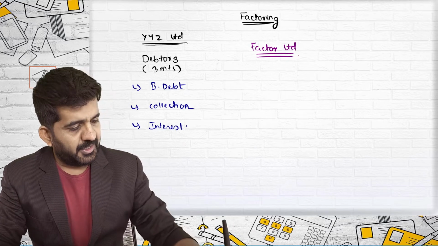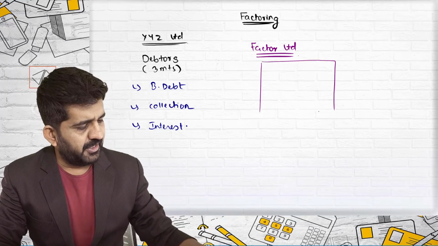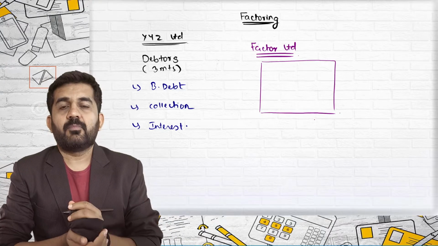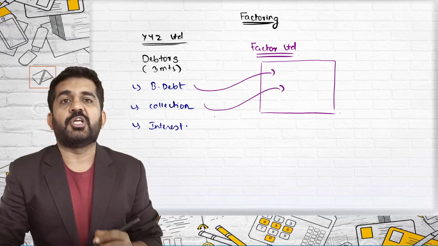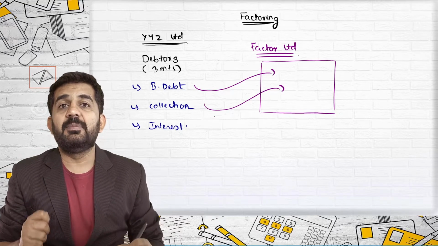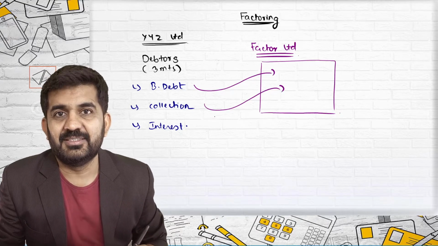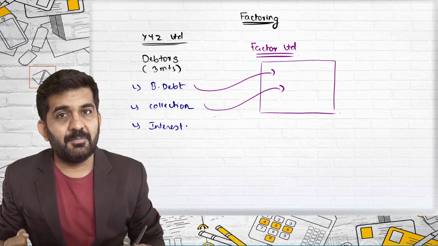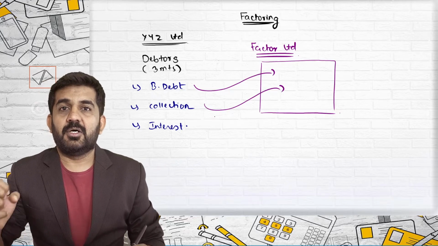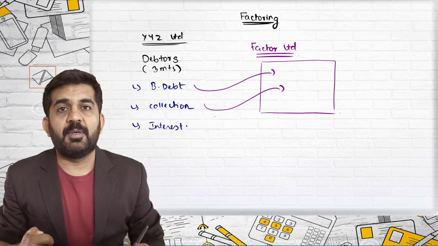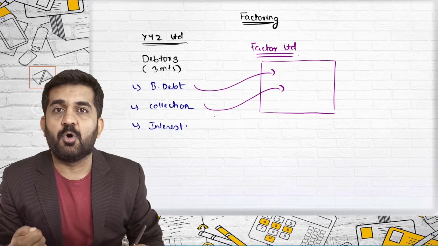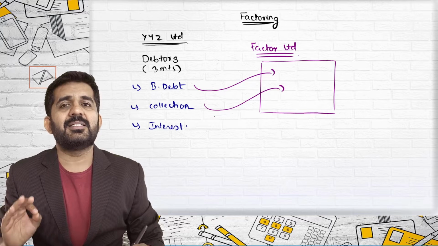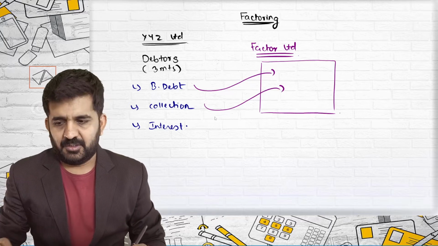It will purchase your debtors, and now bad debt and collection cost will be borne by Factor. So they will collect the money from the debtors. If there is bad debt, it will be borne by Factor. All the collection related expenditure will be borne by Factor. This is the service provided by Factor.